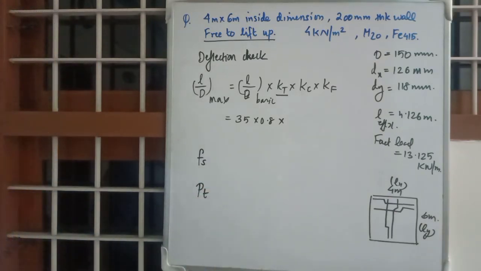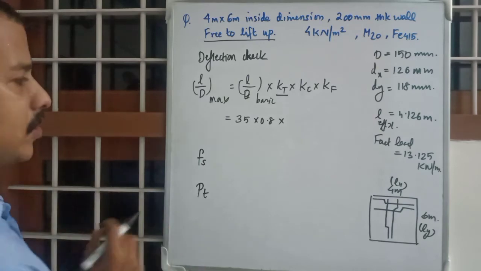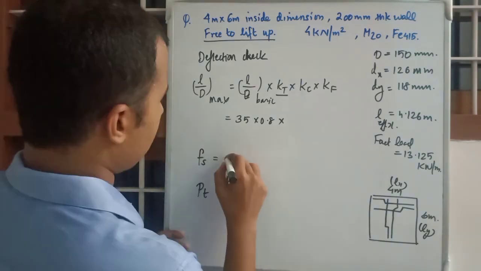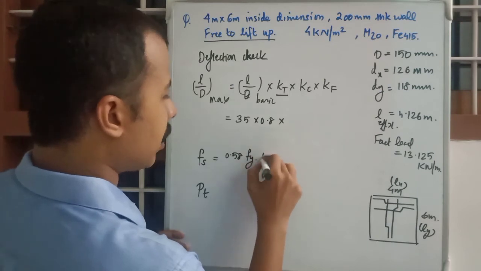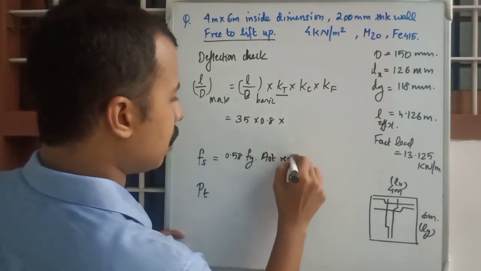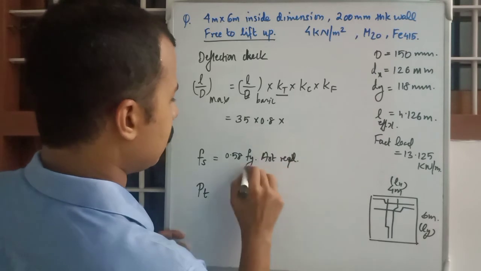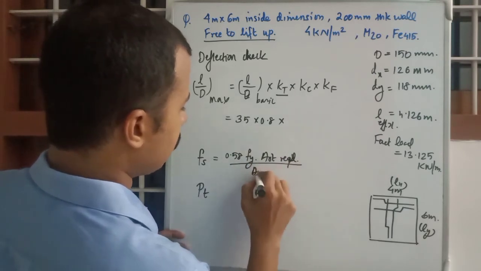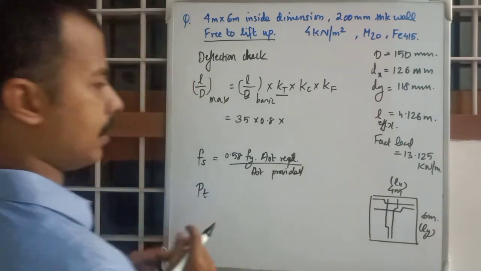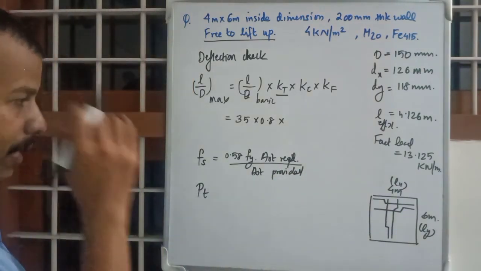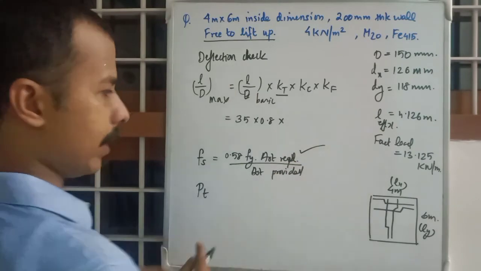Right. So for calculation of Fs, 0.58 fy Ast required divided by Ast provided. Okay, so we have already calculated Ast required.